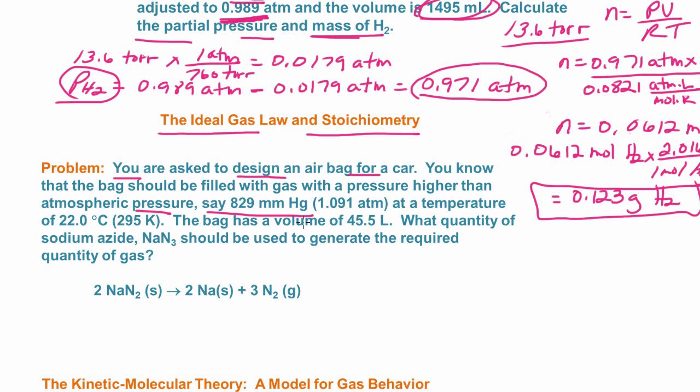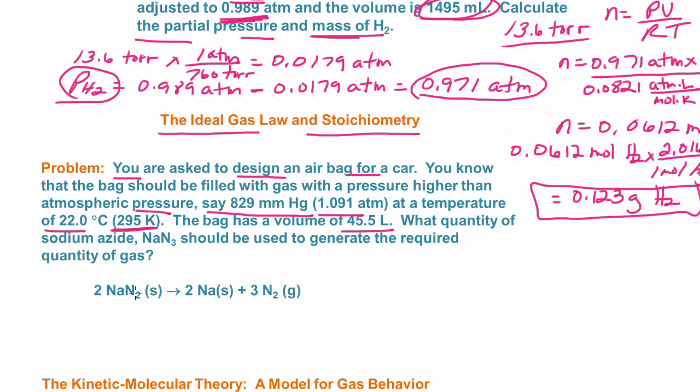Let's make that pressure 829 millimeters of mercury, which is equivalent to 1.091 atmospheres. And this would be at a temperature of 22 degrees Celsius, which would be 295 Kelvin. The bag has a volume of 45.5 liters. So what quantity of sodium azide should be used to generate the required quantity of gas?